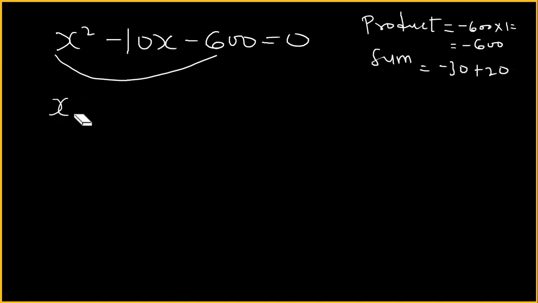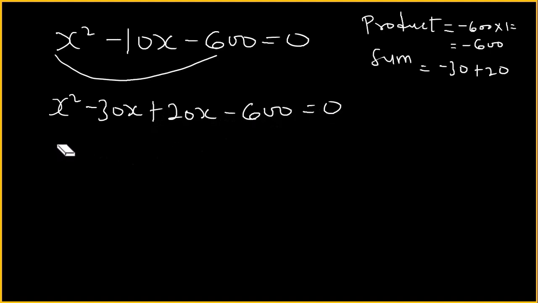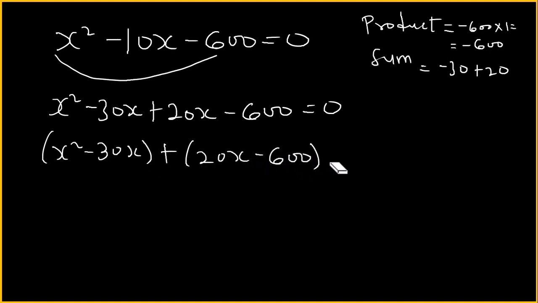So x squared minus 30x plus 20x minus 600 is equal to 0.